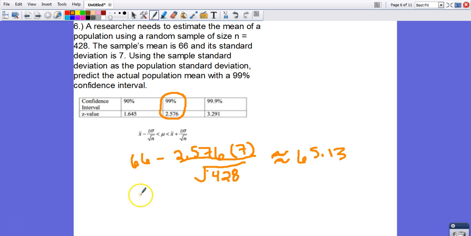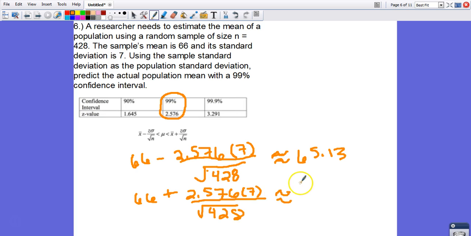My upper value is going to be the same exact thing, but I'm going to change it to a plus. So I have 66 plus 2.576 times 7 divided by the square root of 428. And that is approximately 66.87. Sorry, I ran out of room here.